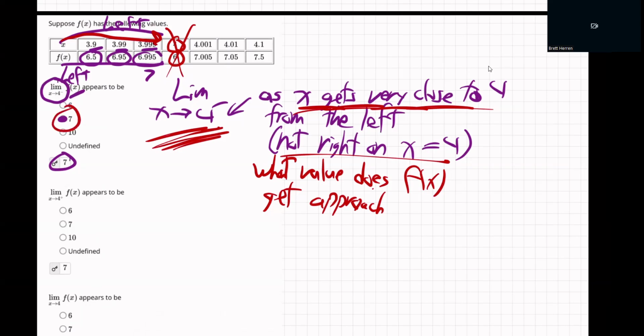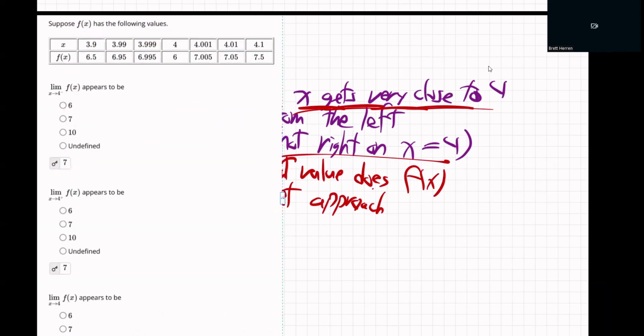Let's try the next one. As x gets really close to 4, 4 plus, from the right, as x goes to 4 from the right. So here are the x values. These are going to 4 from the right. See how it's getting closer and closer to 7. You might say, where'd you get the 7? Well, look at what they're doing. Look at what they're getting close to. 7.5, 7.05, 7.005. It looks like it's getting really, really close to 7.